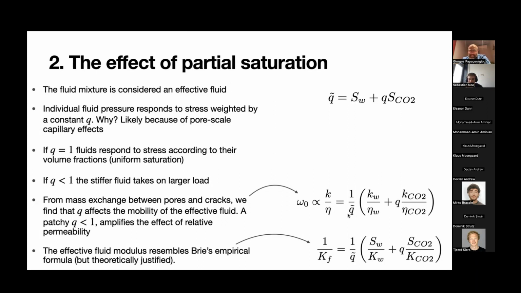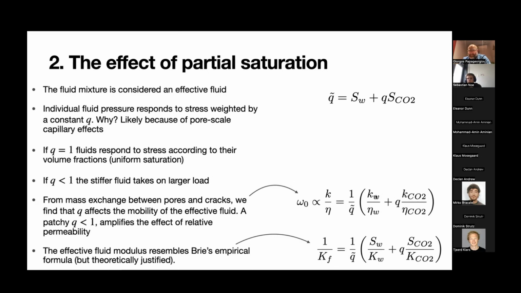And this is bizarre because we have a way to add these mobilities, and the effective fluid sees this effective mobility, which is the thing that determines where this transition happens that I showed before. So this little q affects the transition between the mobility when the porous medium is saturated entirely by water and the porous medium is saturated entirely by CO2.